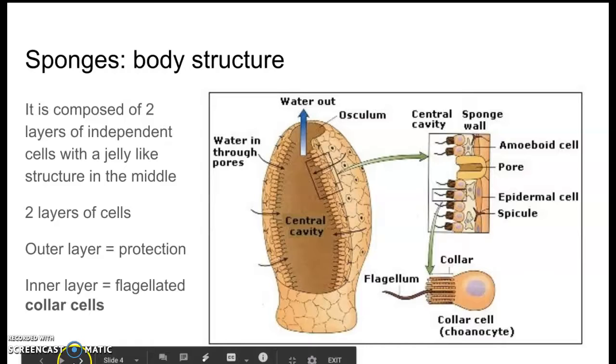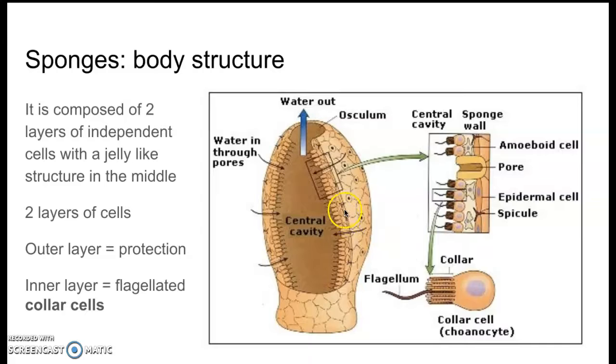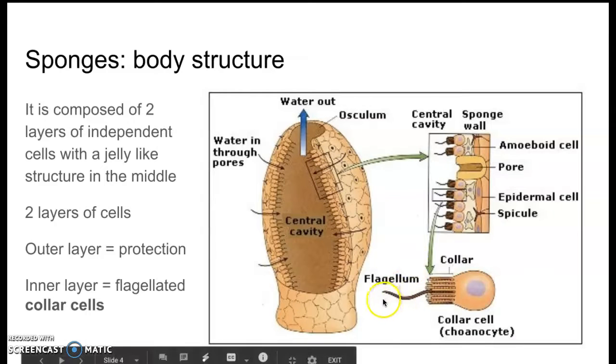So the two different types of cells that you will find are an outer layer of cells here, followed by an internal layer of cells here. Now, this internal layer of cells, which is found here, is called collar cells. Collar cells are flagellated.